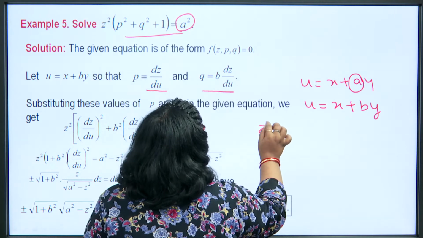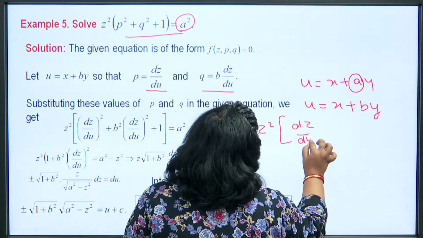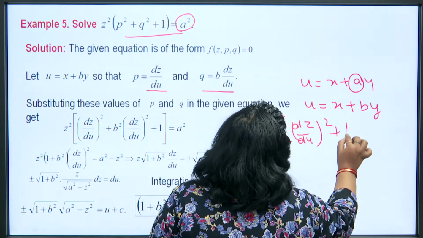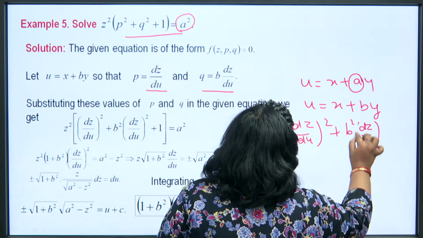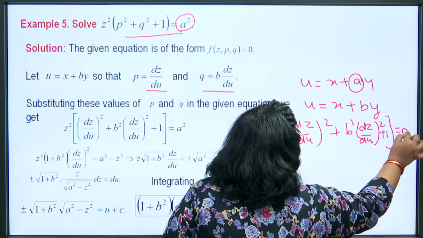We get z squared (dz/du) squared plus b squared (dz/du) squared plus 1 equals a squared.